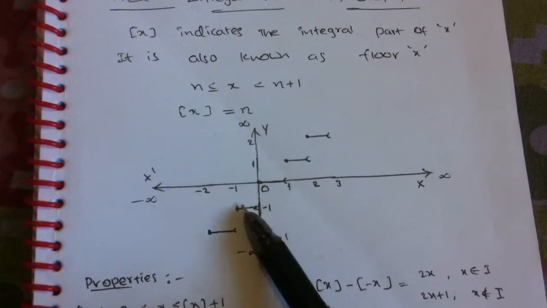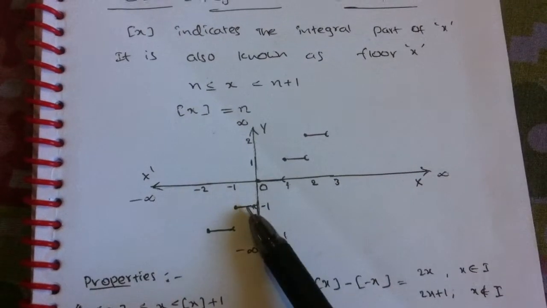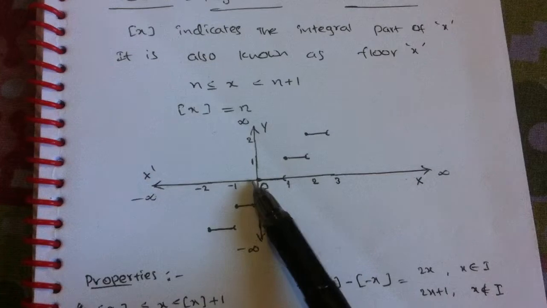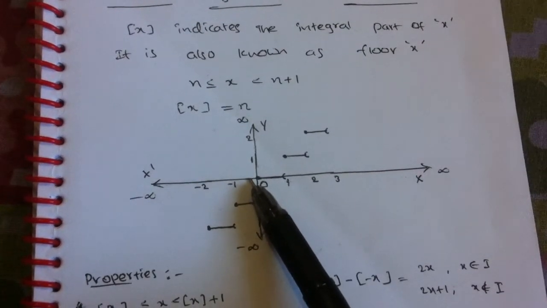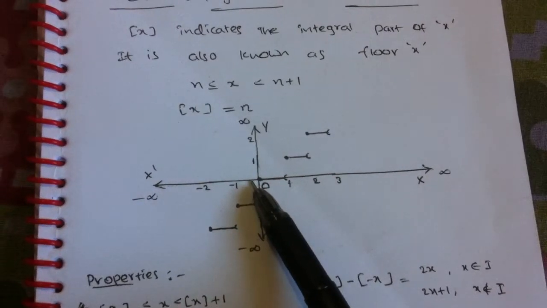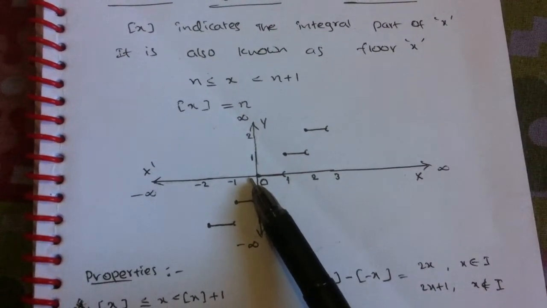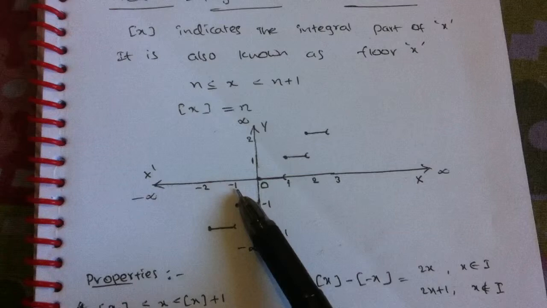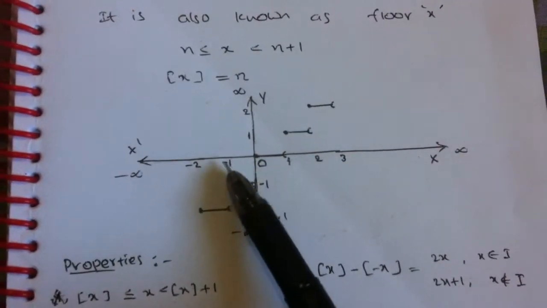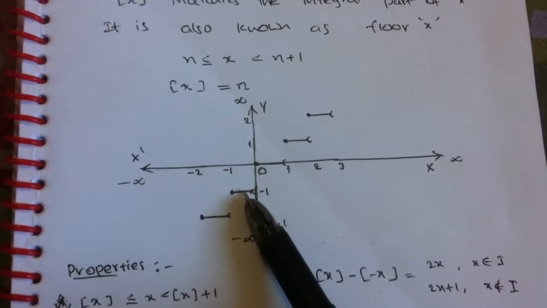Look here on the negative x-axis side. Here you can take minus 0.1. We know that minus 0.1 lies between minus 1 and 0. So its step value is minus 1.